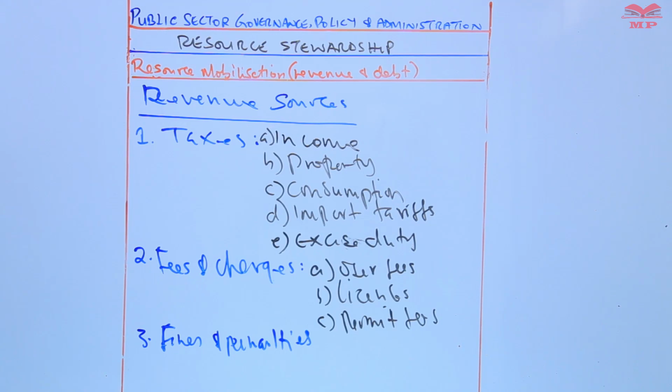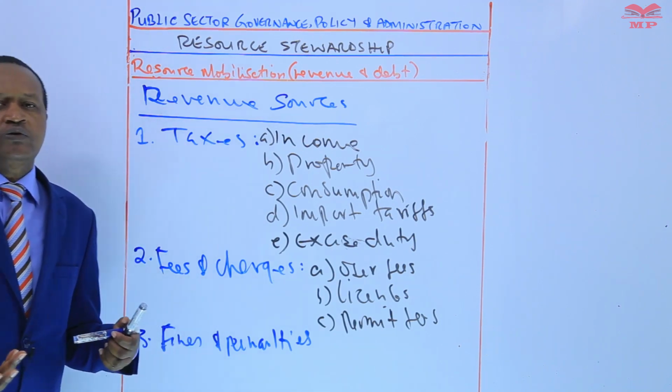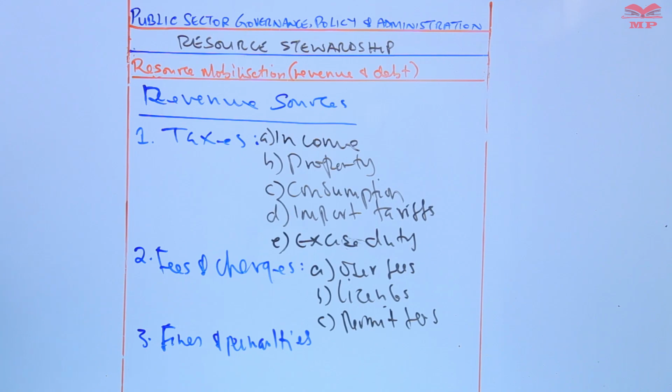Revenue can also be generated through fines imposed for violating laws, for violating regulations, and so on. Fines and penalties.